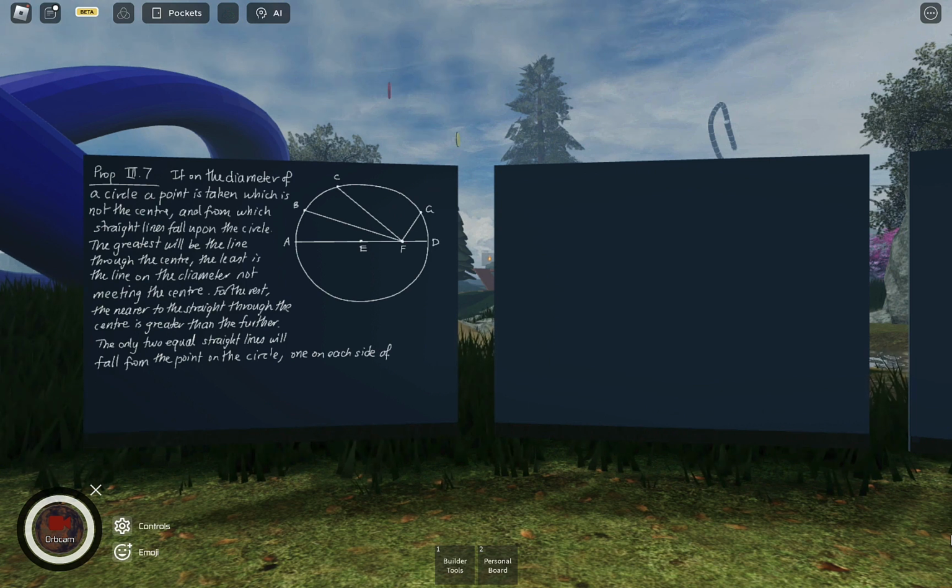Yeah, the way it's written doesn't actually seem correct to me. It says the least line, but this doesn't really make sense. I think this is the correct statement.